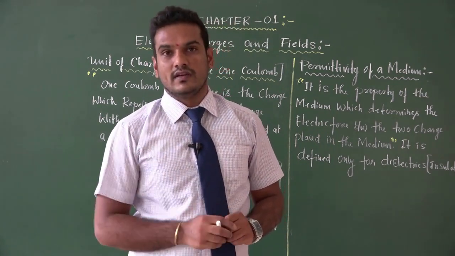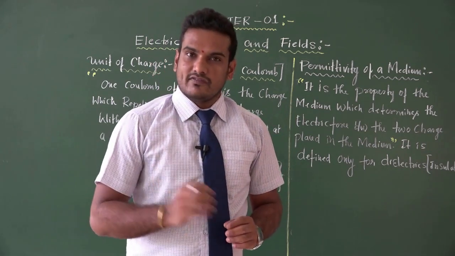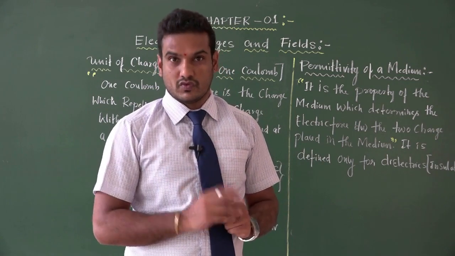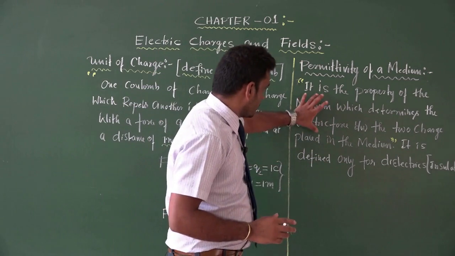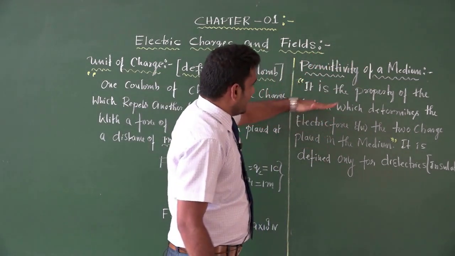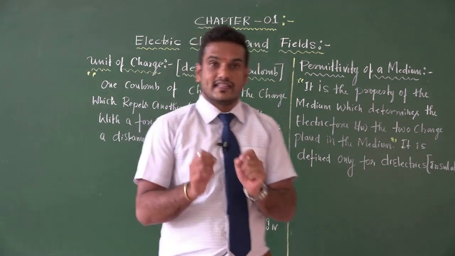We have one more definition for permittivity of a medium. It is the ability of the medium to allow the electric lines of force to pass through it. So we have two definitions. You can write any one. So better you go through this. Permittivity of a medium is nothing but it determines the electric force between the two charges placed in that medium.